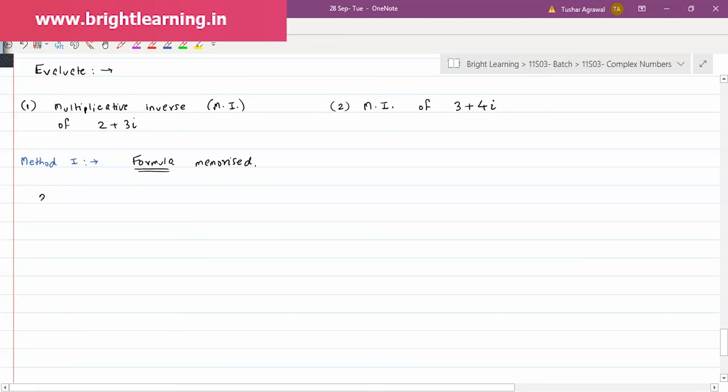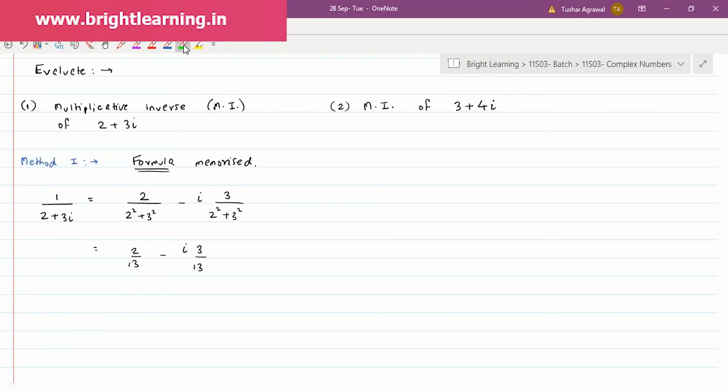So if you ask me the multiplicative inverse of 2 plus 3i, the symbol is 1 upon 2 plus 3i, and this equals 2 upon 2 square plus 3 square minus i times 3 upon 2 square plus 3 square. So the answer would be 2 upon 13 minus i times 3 upon 13.